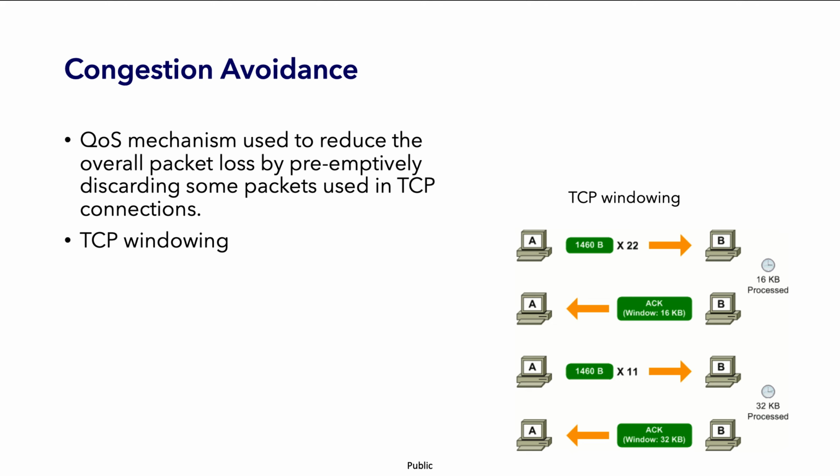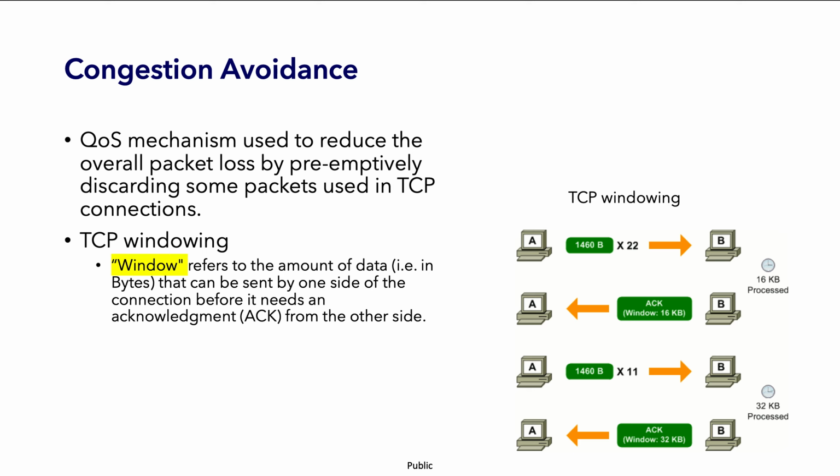TCP uses a flow control mechanism called windowing, where each TCP receiver grants a window to the sender. So in TCP, the window refers to the amount of data, that is in bytes, that can be sent by one side of the connection before it needs an acknowledgement from the other side.